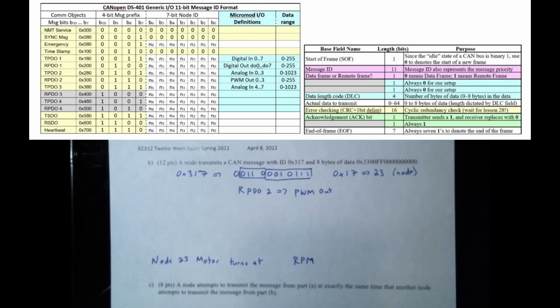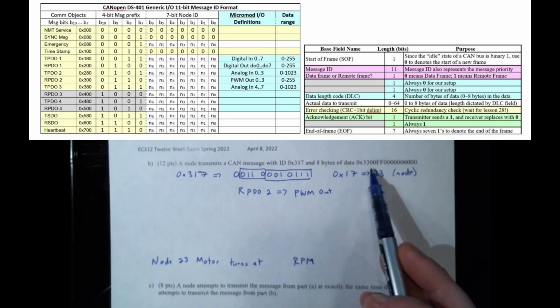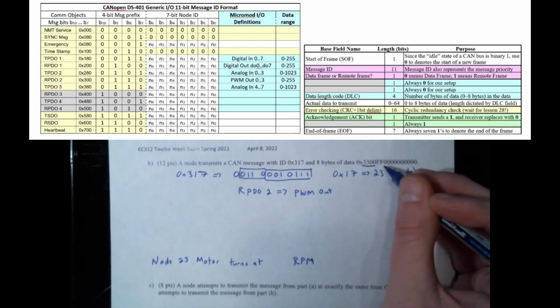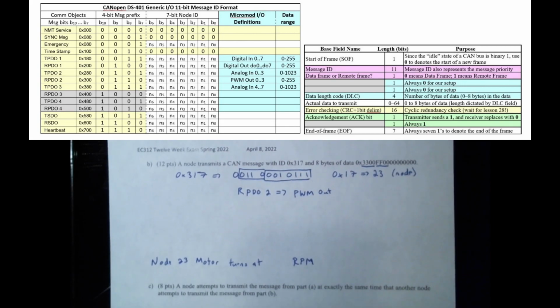Let's figure out what we have here. We might actually have 2 of these, because in our data we have 2 values that are non-zero. Keeping in mind that this gets translated in little endian order, we have the motor number for PWM. It's listed as PWM out 0 to 3, so it's similar to the digital outputs, in that it's the 0th one first.